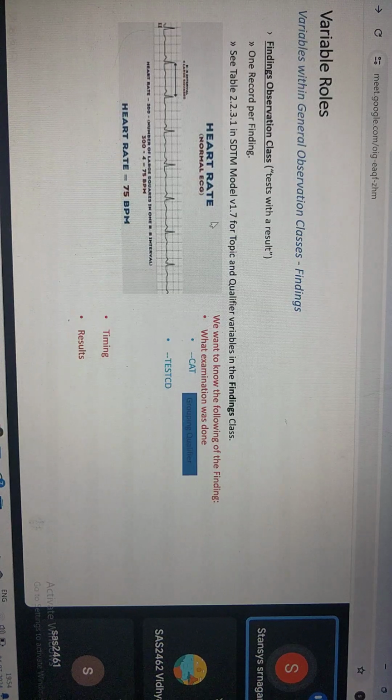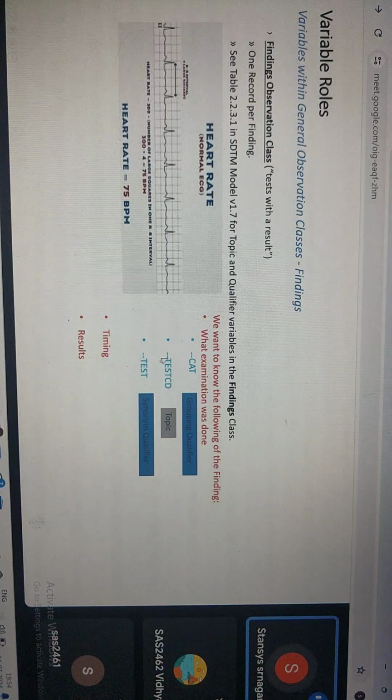So when it comes to the findings domain, test code is the key information, so that should be a topic variable. The test name has the full name. If the test code is the topic variable, the test is what variable?